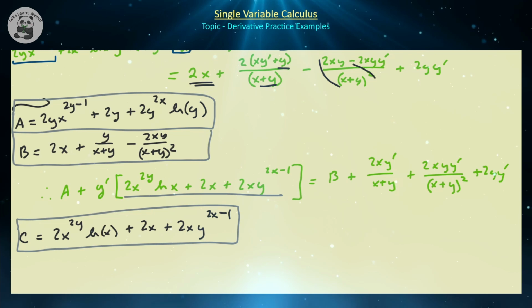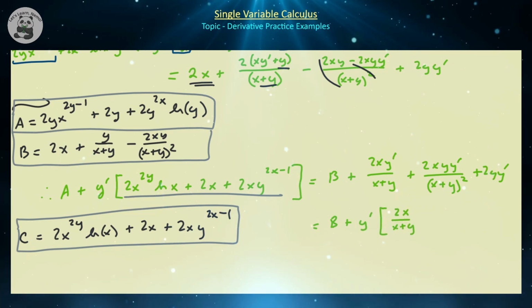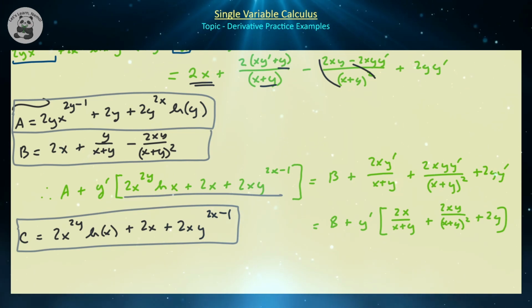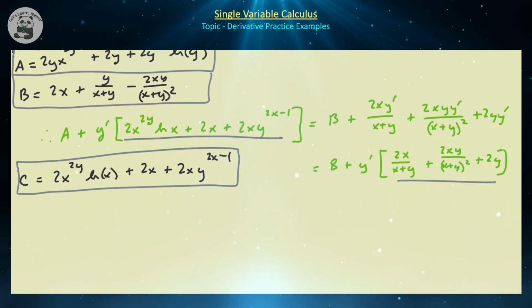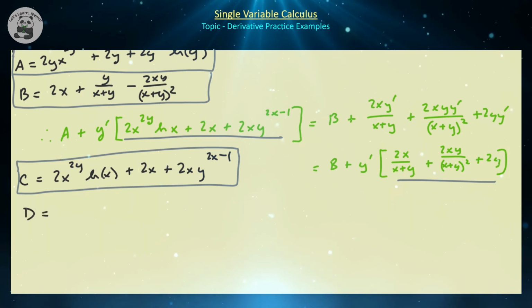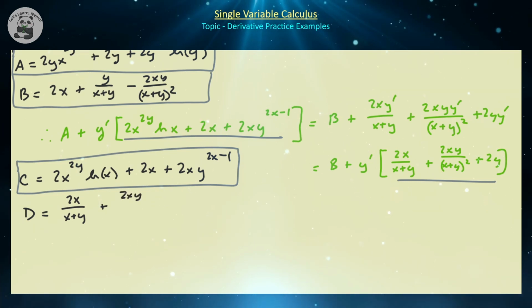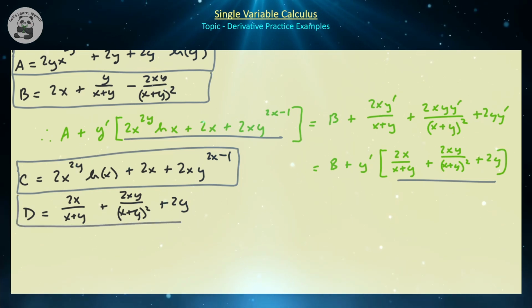And on the right-hand side, we're going to factor out a y prime, because we can write that as y prime times 2x over x plus y plus 2xy over x plus y, the quantity squared, plus 2y, and I'm going to call that thing d. So we're going to have d is equal to 2x over x plus y plus 2xy over x plus y, the quantity squared, plus 2y, because I don't want to deal with that anymore.